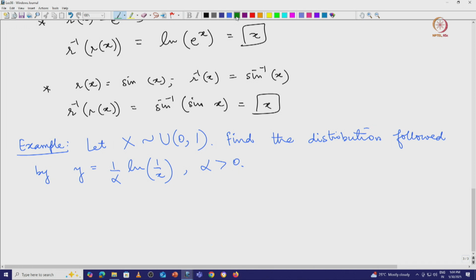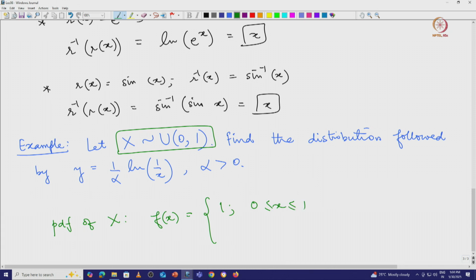So, now let us take the original random variable x uniformly distributed between 0 to 1. We know that the probability density function of x, that is simply f of x, is 1 if x is between 0 and 1 and it is 0 otherwise.